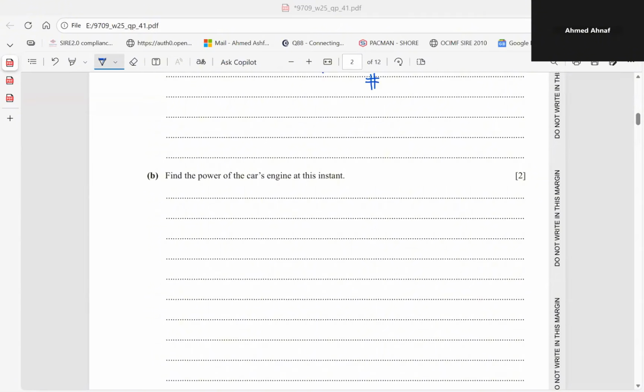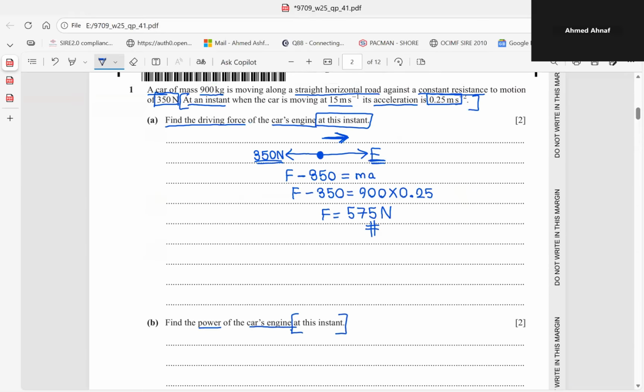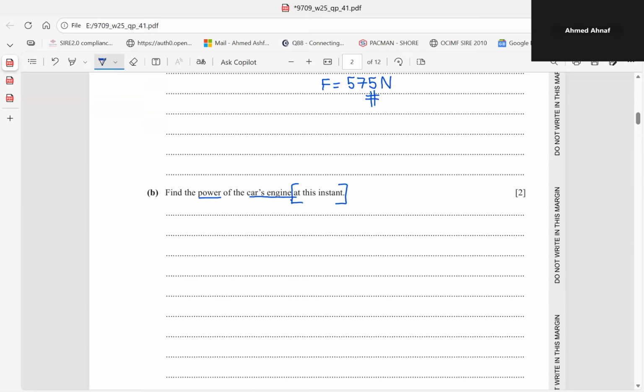Okay, so for this second part, we are told to find the power of the car's engine at this instant. So the instant they're saying is when the car is moving at 15 meters per second. To find the power of any object, you have to know this formula, force times velocity.